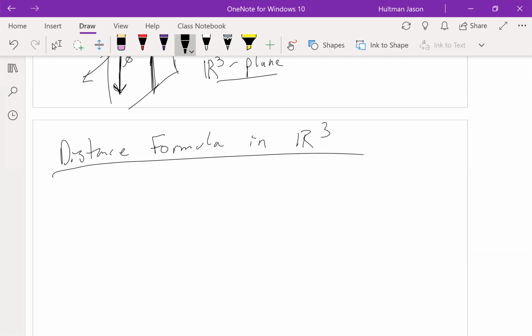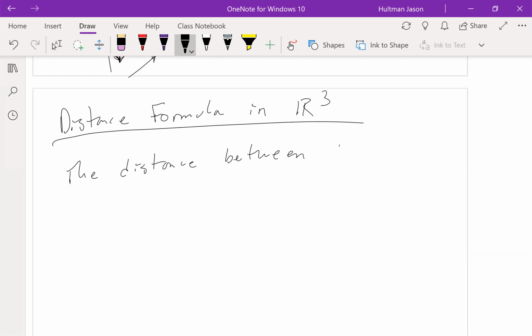The distance between P1, which is x1, y1, z1, and P2, which is x2, y2, z2, the distance between 2 points in 3 space.